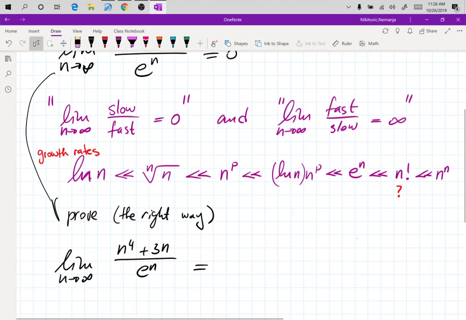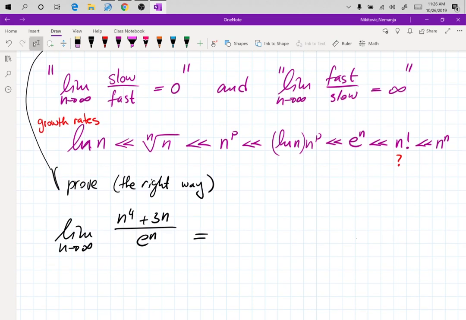L'Hopital's rule says when you plug in infinity, if you get infinity divided by infinity or 0 divided by 0, which are called indeterminate forms, you are allowed to take the independent derivatives. So it's not a quotient rule, it's independent derivatives of numerator and denominator, and the answer for that would be the same as the answer for the original problem.